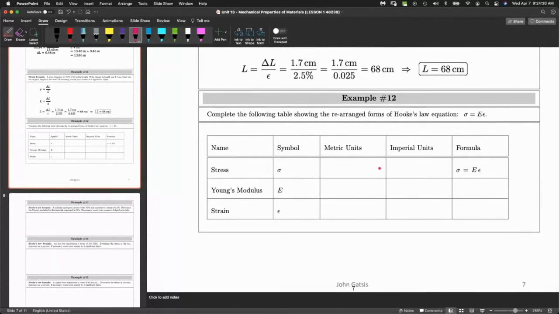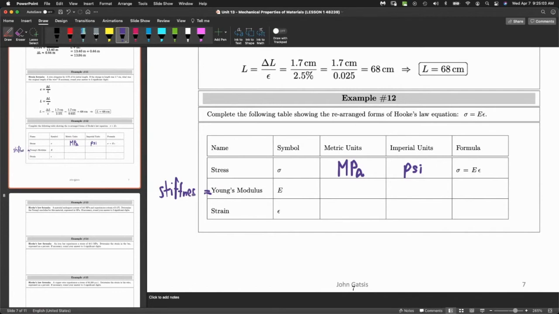So for the metric system, stress, we already mentioned, is megapascals, and in the imperial system, it's PSI. Although the quantities are quoted in gigapascals that I showed you earlier, that's just because those materials have a very high value for E, which is called stiffness. Young's modulus, another name for it is stiffness.